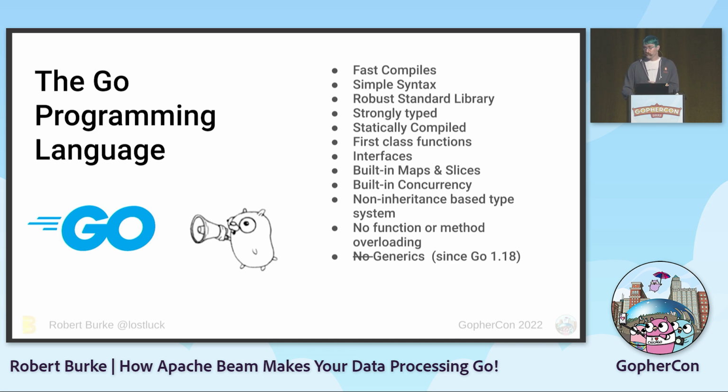But others seem to agree, and it's become a language upon which the cloud has been built, powering things like Docker and Kubernetes, to name just 2. Until recently, Go didn't have generics, which affected a lot of implementations of things in the language, including the Beam SDK.